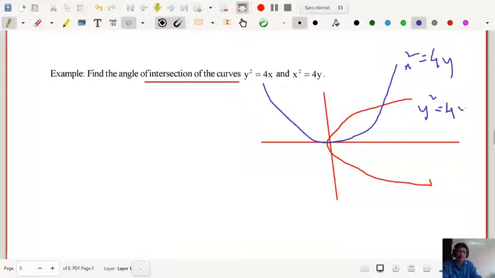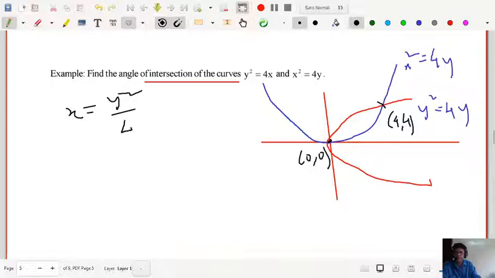So easily you can find out the point of intersection. You look at that, there are 2 points of intersection. One is the origin and another one is (4, 4). You can easily calculate. How will you calculate that? What is your x from the first equation? You can write from the first equation x equal to y square by 4.